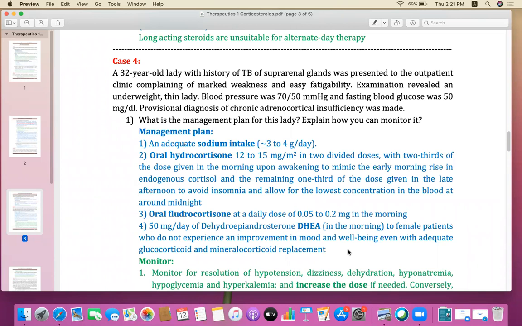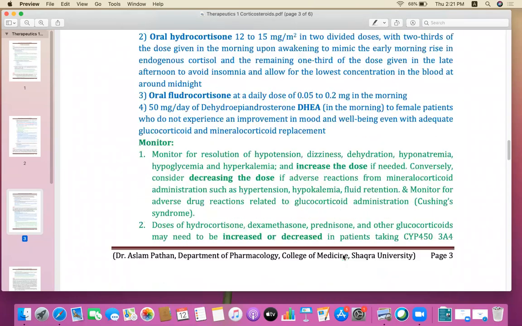And for long-term management, to treat the shock and hypotension, you need hydrocortisone, which has glucocorticoid plus mineralocorticoid activity, fludrocortisone, and the last one is dehydroepiandrosterone for the female patients.